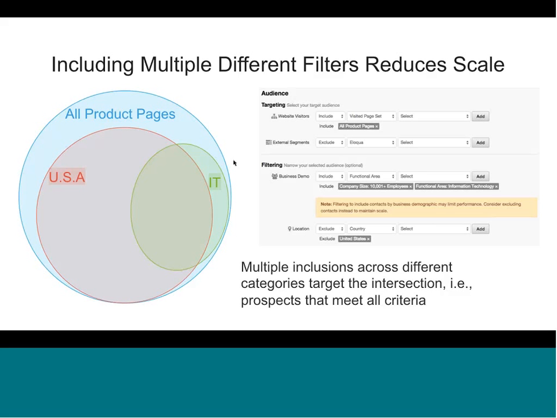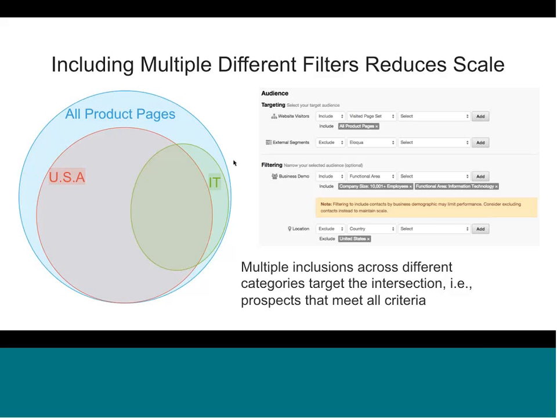And so what we're going to do here is we're only paying attention to the people that meet all of the criteria. That's what happens when we combine different filters across different categories. So functional area is a category, geography is a category, page set is a category. Since those are all different categories and we're combining them, we're only looking for those people that meet all of the criteria.